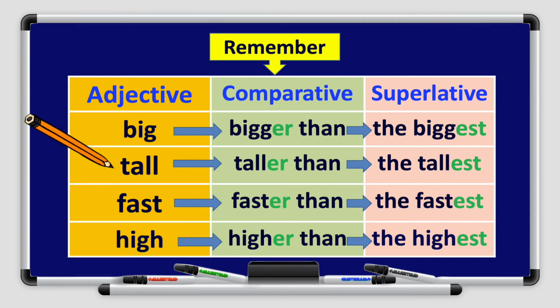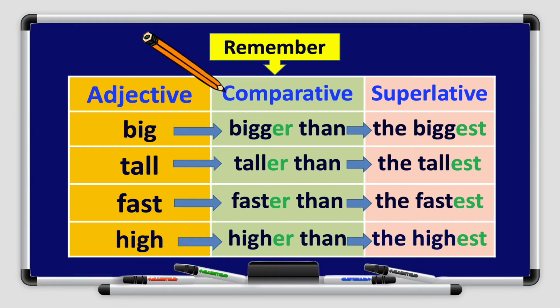Tall, taller than, the tallest. Fast, faster than, the fastest. High, higher than, the highest. So, adjectives like big, tall, fast, and high describe something.